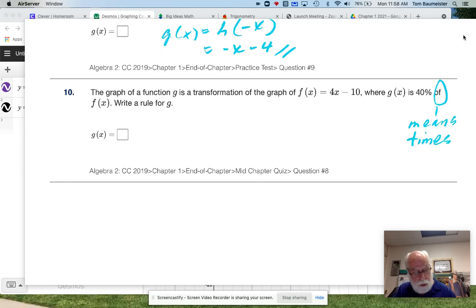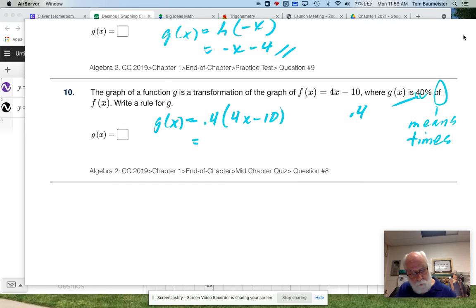So what they're saying is our g of x, we're going to take 40%. I'm going to move the decimal 2 over, so it's going to be 0.4. So g of x is going to be 0.4 times f of x. So that means the whole thing there.